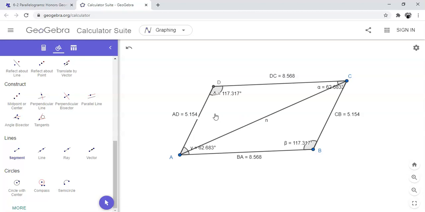And if our conjecture is opposite sides are congruent and opposite angles are congruent, then by side-angle-side, these two triangles are congruent, right? And so that might be another conjecture we make, right? It looks like when you draw in a single diagonal that you get congruent triangles.